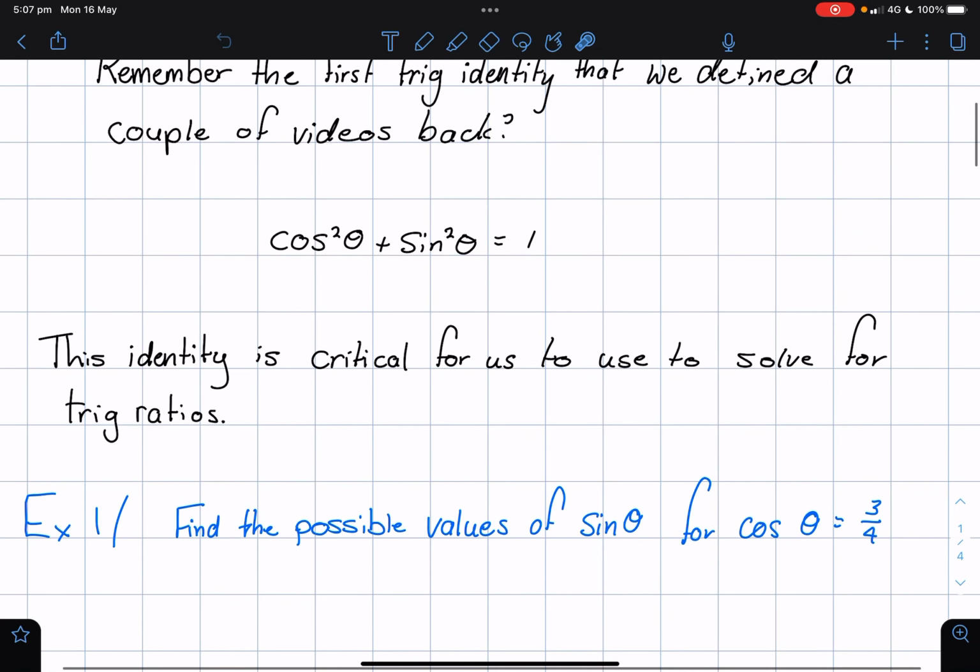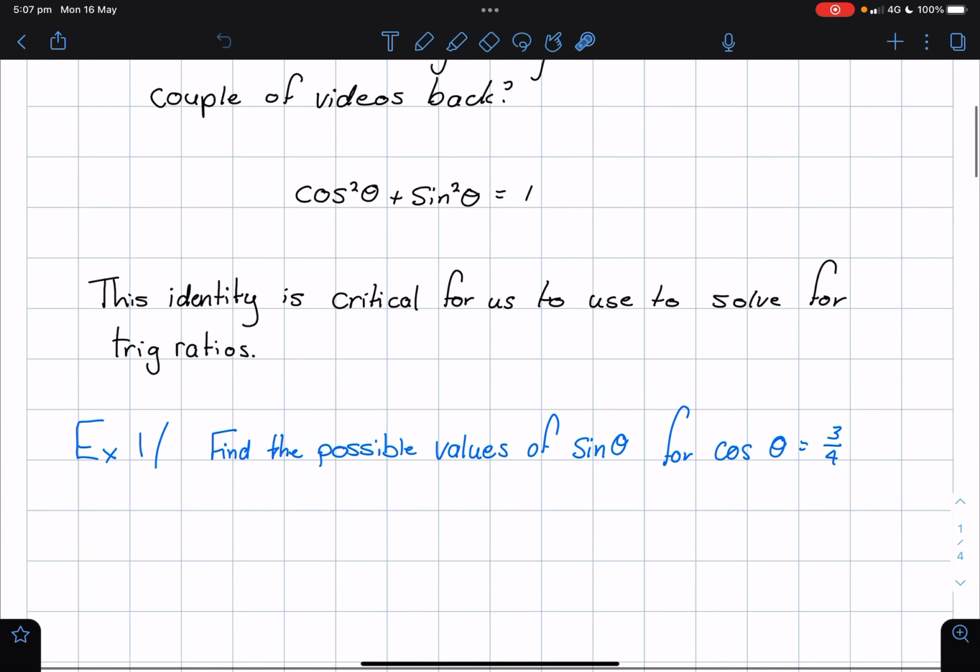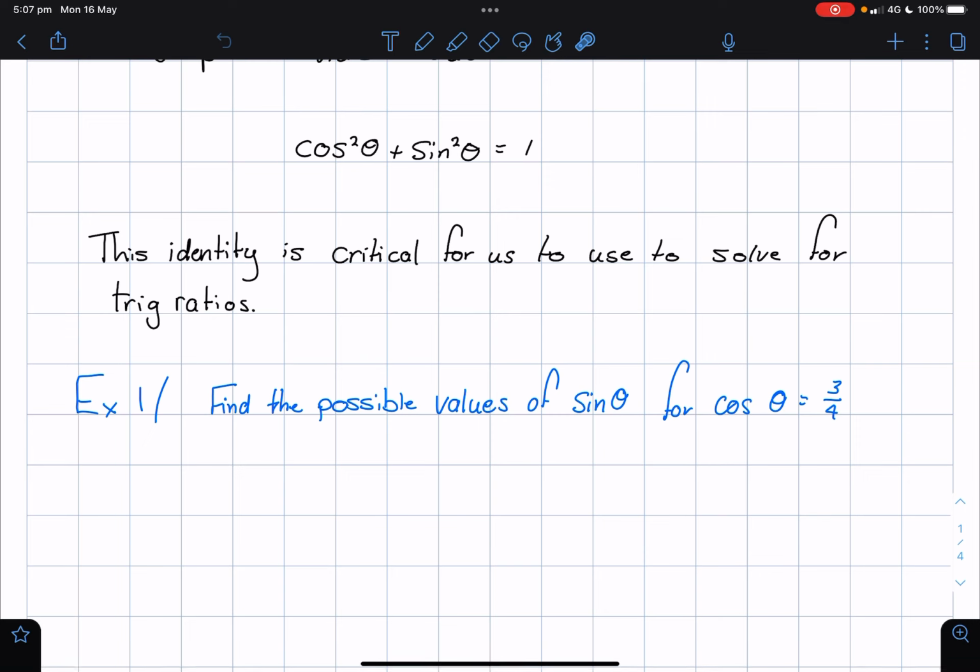Find the possible values of sine theta for cos theta equals 3/4. Looking at a problem like this, it might seem a little weird what's actually happening, but remember we have this little tool up here: cos squared theta plus sine squared theta equals 1.